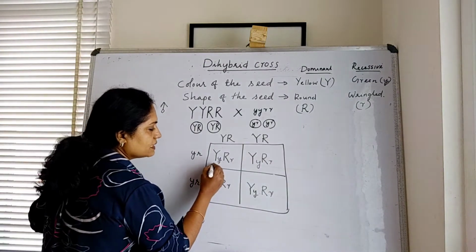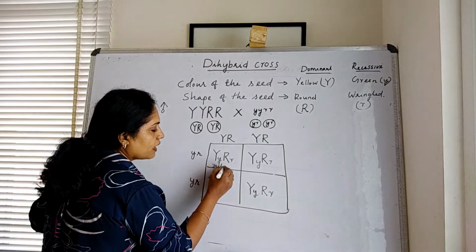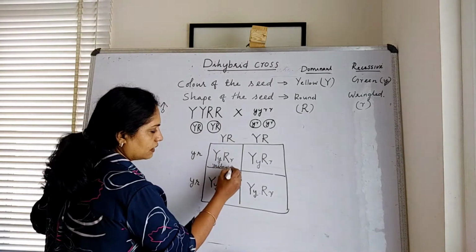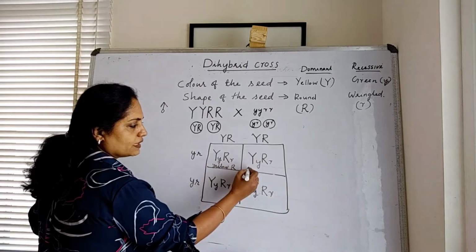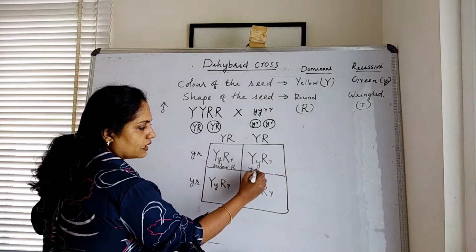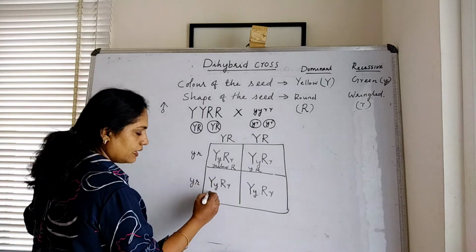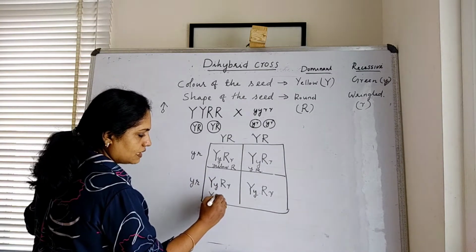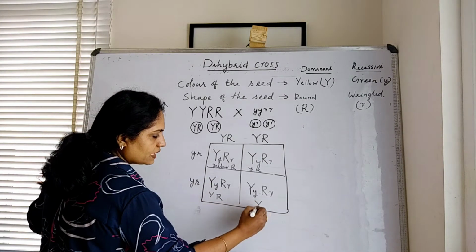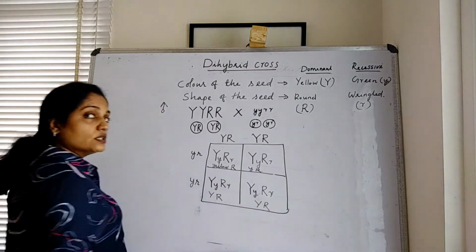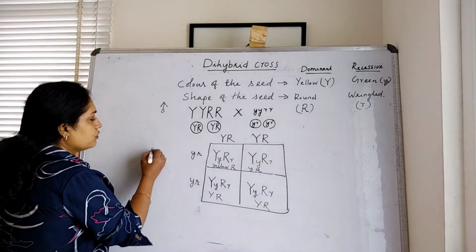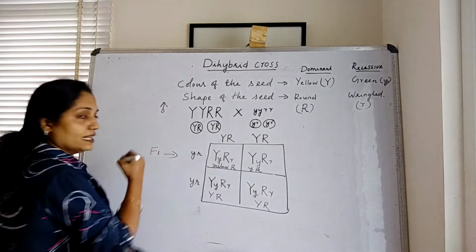So here we will get yellow, and capital R is there, round seed. Here also we will get yellow and round seed. Here capital Y is there, capital R is also there. Again we will get yellow and round seed. Here also we will get yellow and round seed. So this is F1 generation or first filial generation.